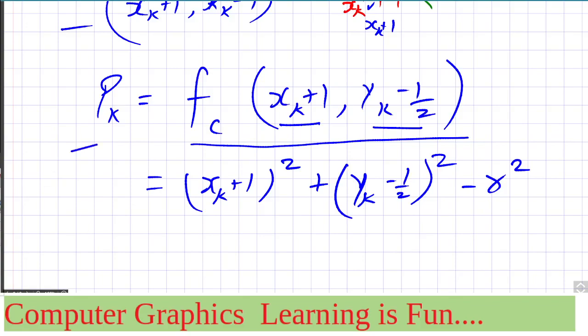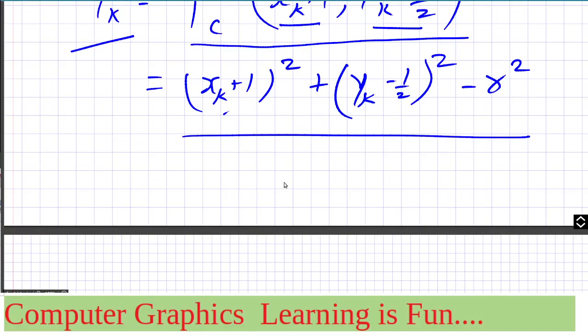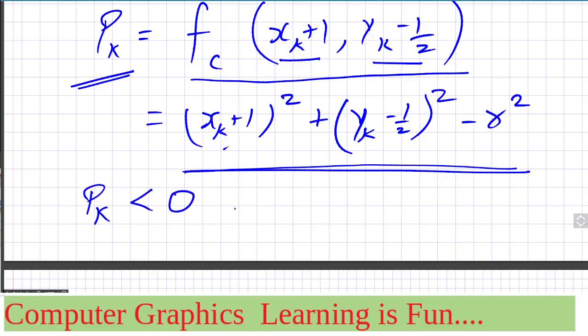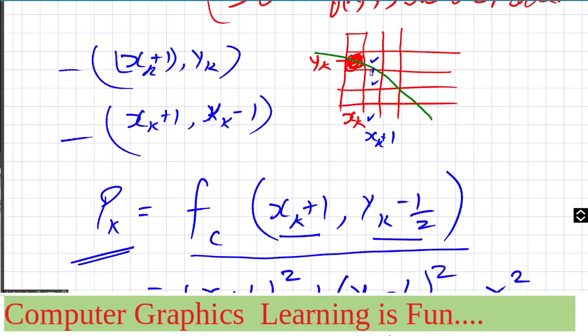So now for this pk, you already have this xk value. We will see how to do this recursively also, but for now we have got this expression for pk, right? If this pk is less than 0, we will understand that this midpoint is inside.